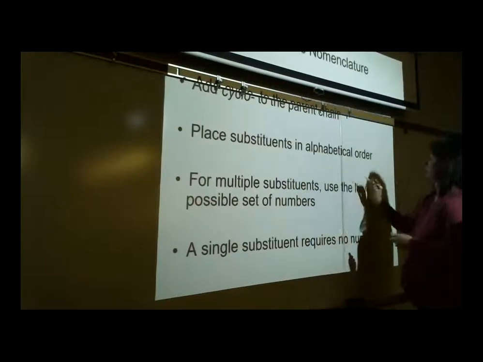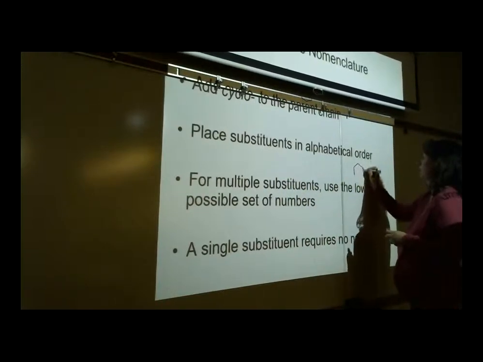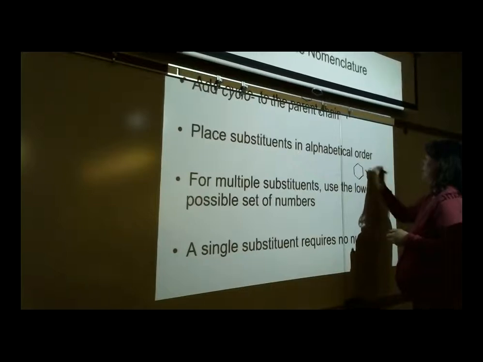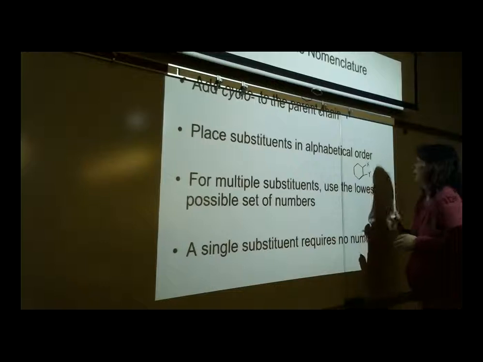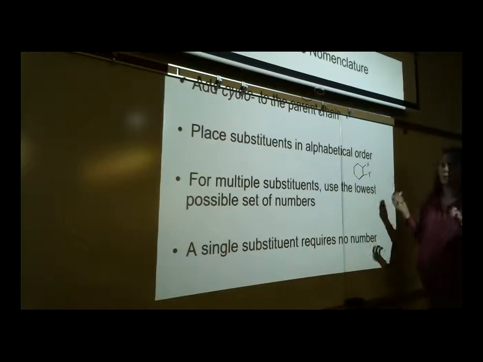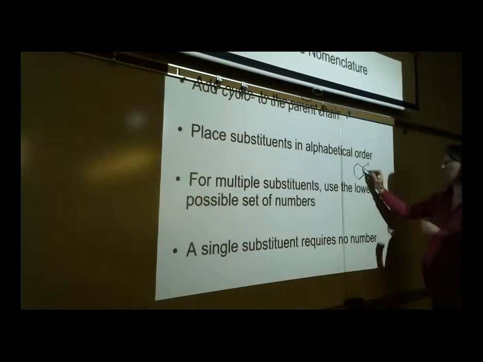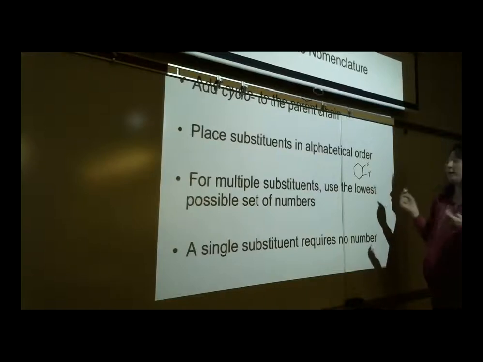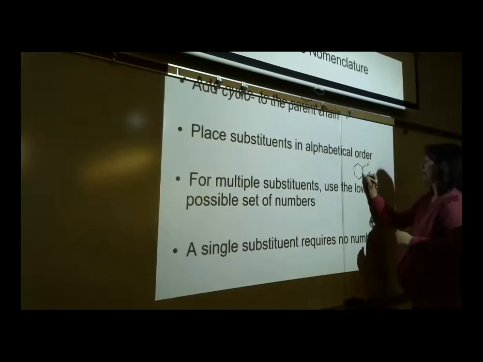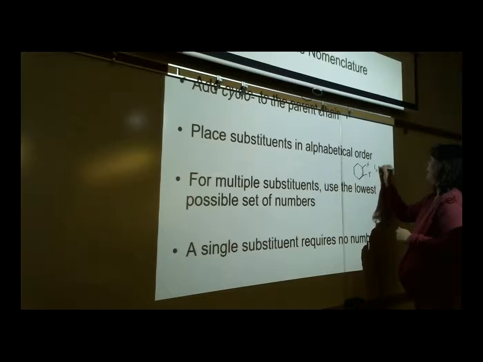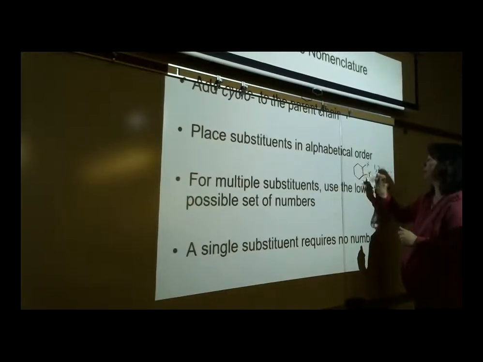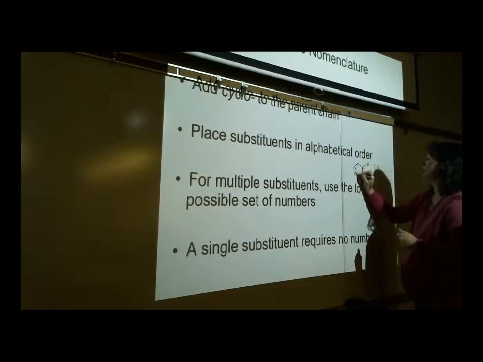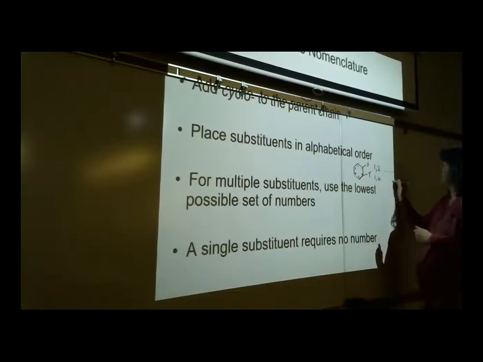So let's pretend we've got a cyclohexane and we've got, let's just call these X and Y. X comes before Y, so this would be carbon 1. Now, we can number clockwise and be 1, 2, and so on, or we can number counterclockwise and be 1, 6, and so on.